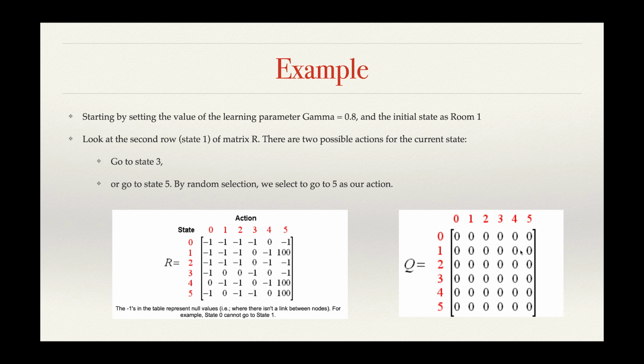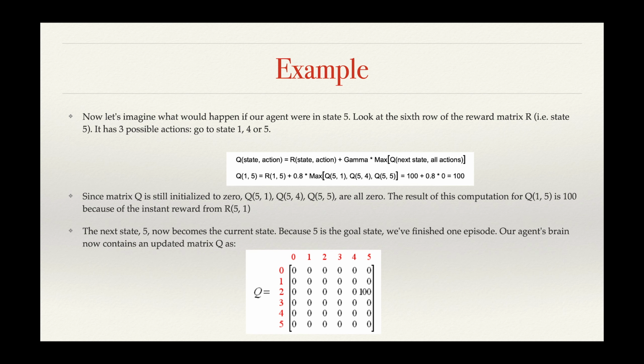So let's say that randomly it selected to go directly to room number 5. Again, we are here and we can only go to 3 or 5, and randomly it selected to go to 5. Now, because it has done that, it will get, for example, a reward of 100.